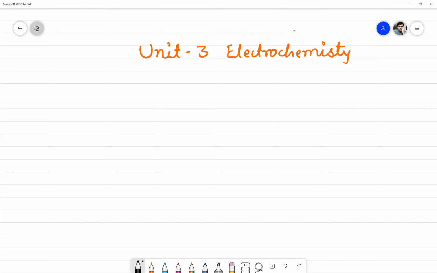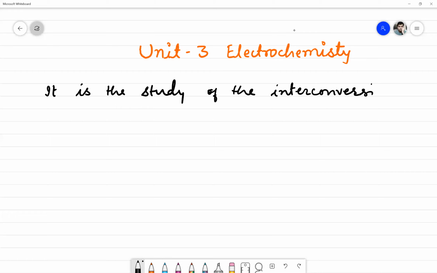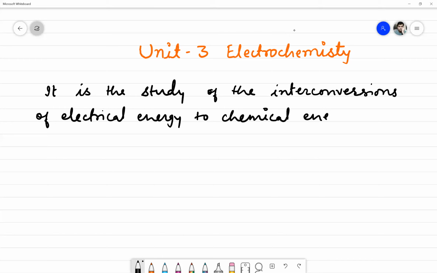So electrochemistry is the study of the interconversion of electrical energy to chemical energy and chemical energy to electrical energy and vice versa.